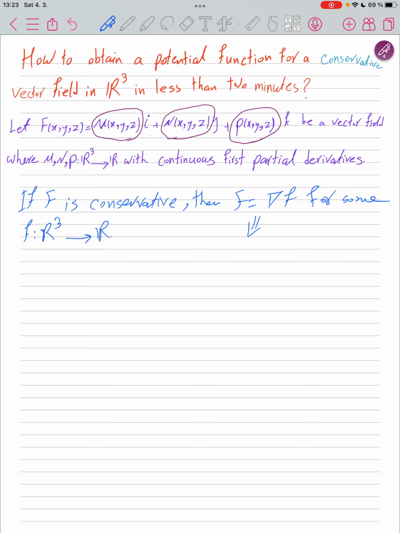And what this means is that M, N, and P are equal to f sub x, f sub y, f sub z. And what this means is that f sub x is equal to M, f sub y is equal to N, and f sub z is equal to P, right?